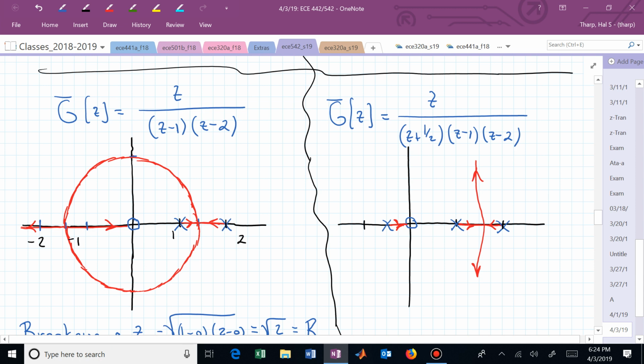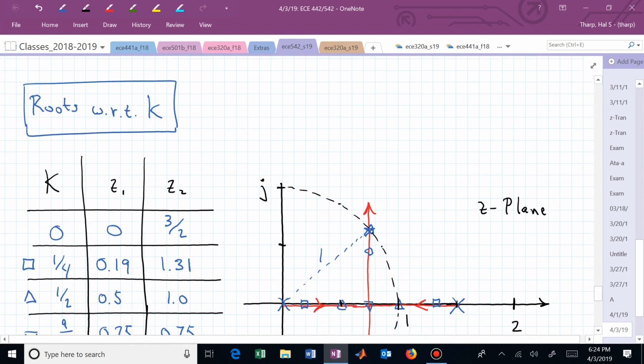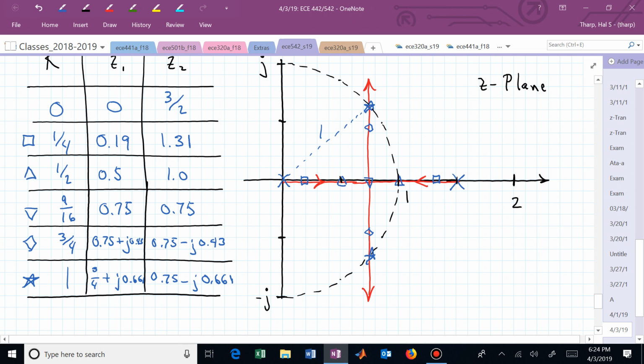So that's why we're not using the geometric mean. We're using the average value between this pole and the other pole. And that's why we're living at 3/4, which is half of 3/2.